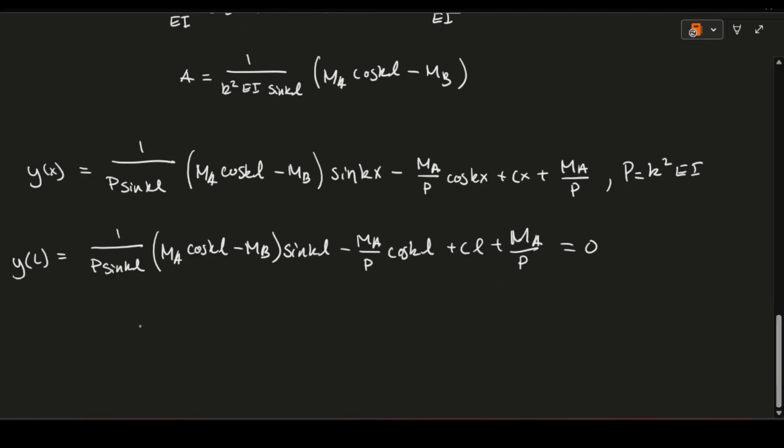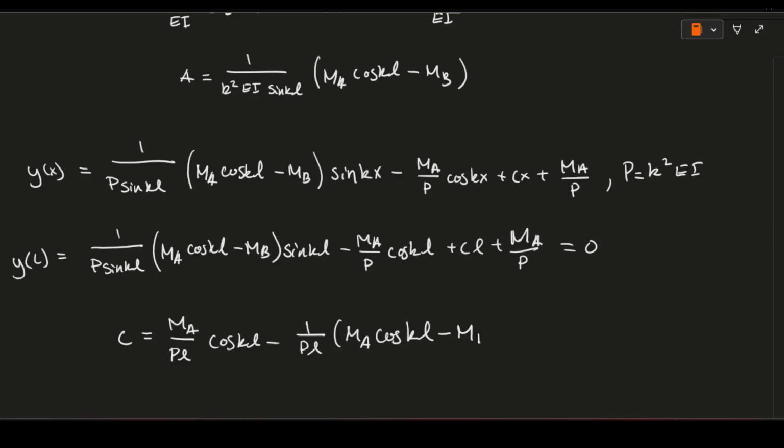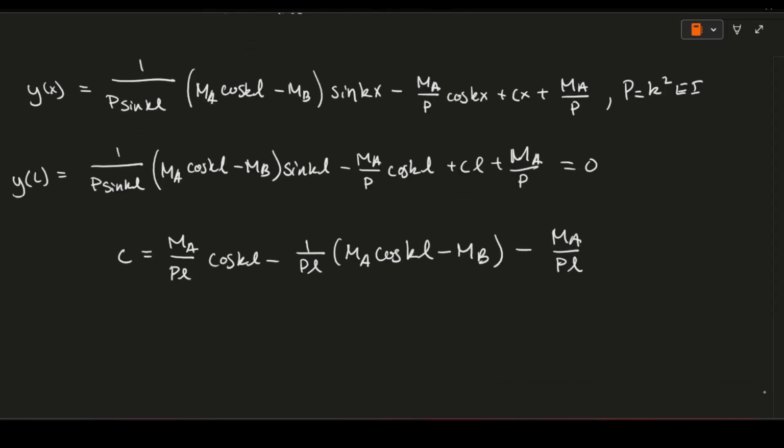We can then solve for C. So C is equal to MA over PL cosine kL minus 1 over PL times MA cosine kL minus MB, and minus MA over PL. And we can see that this ultimately becomes MB minus MA all over PL.